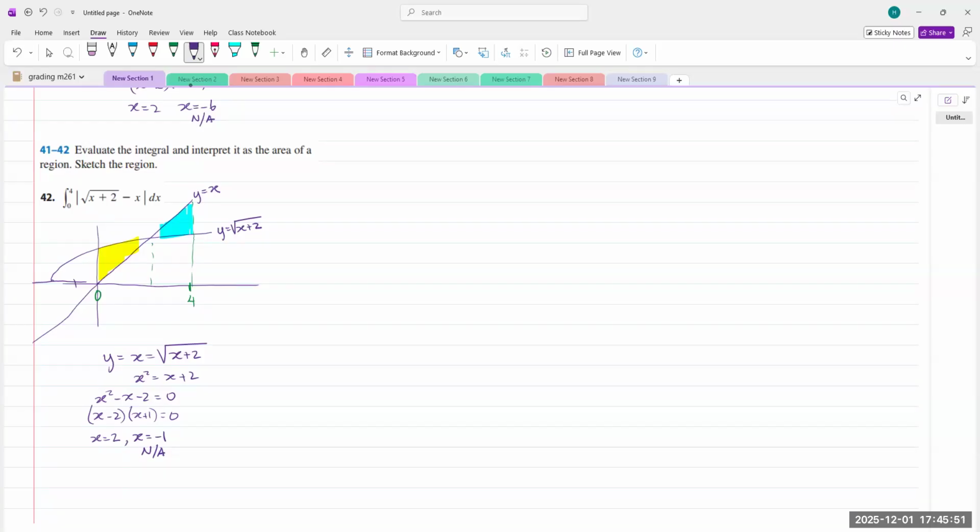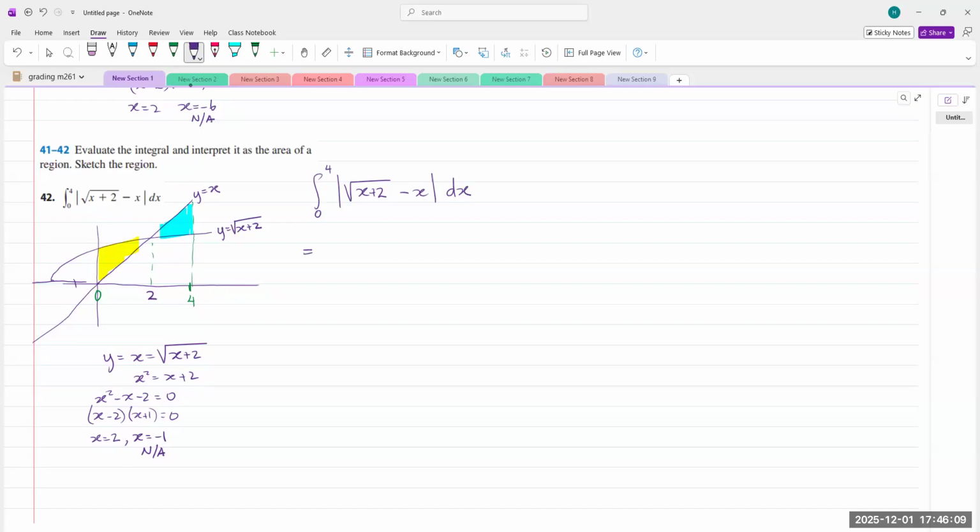So this number here is 2. Now this integral from 0 to 4 of the absolute value of square root of x plus 2 minus x dx has to be computed.